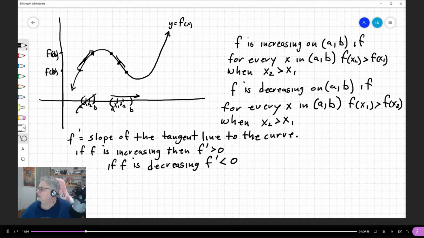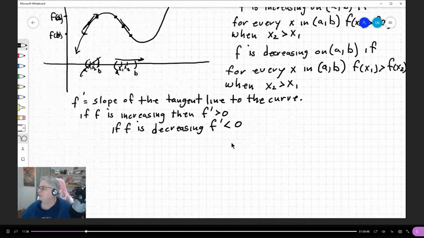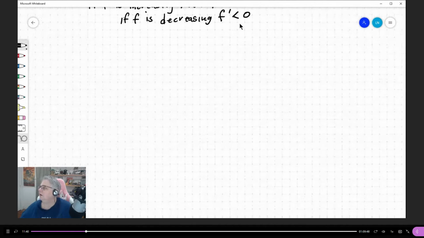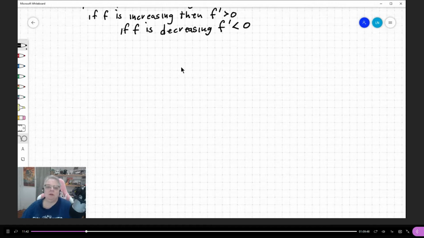So let's make this formal. We get a theorem here, and our theorem has 3 parts to it.